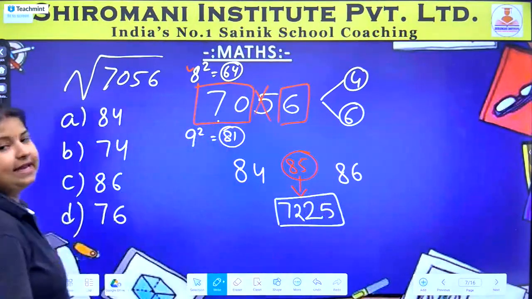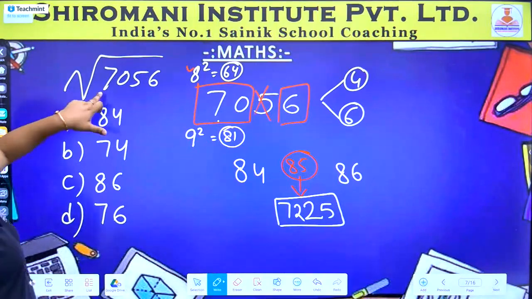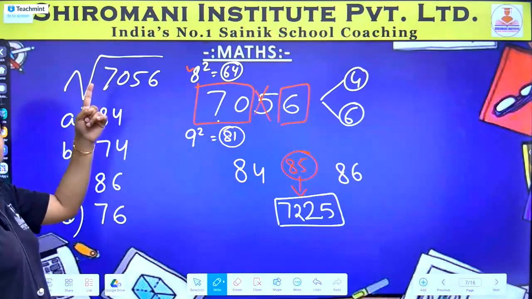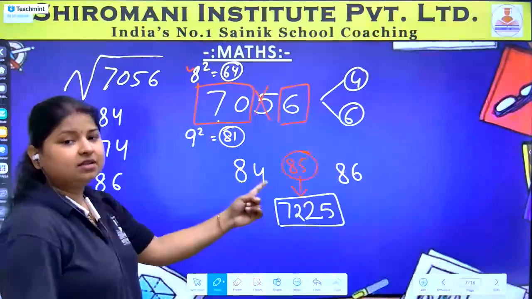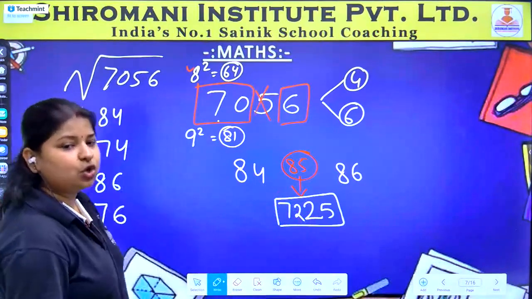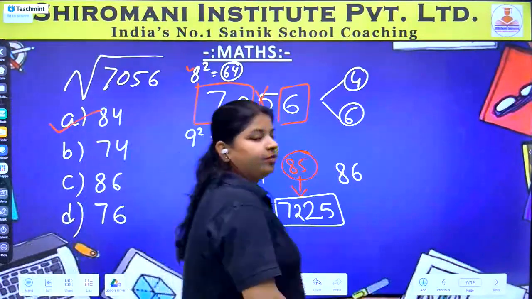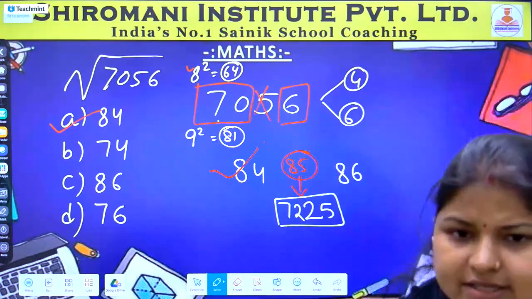Now just see whether your question, this 7225, is less than or greater. My question is 7056, which is less than 7225. So the lesser one will be my answer, that is 84.